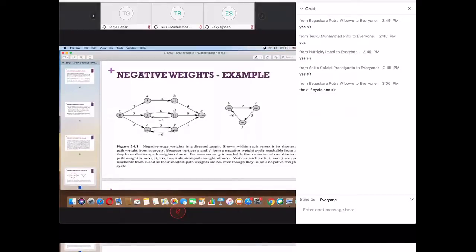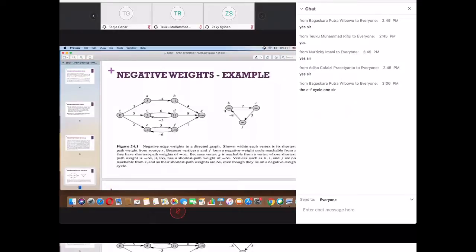But that's a global minus infinity, as in a negative cycle. For example, from S to E, from S to A, the distances may become smaller.